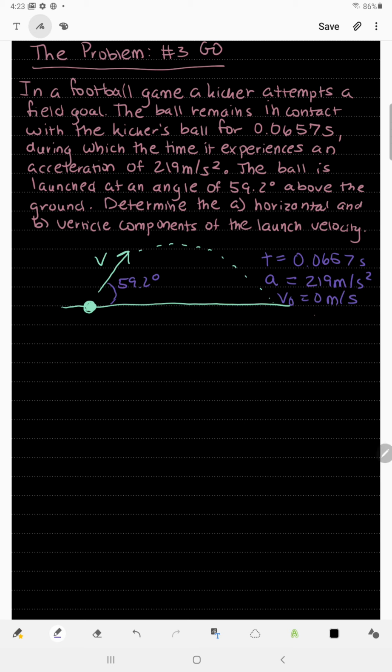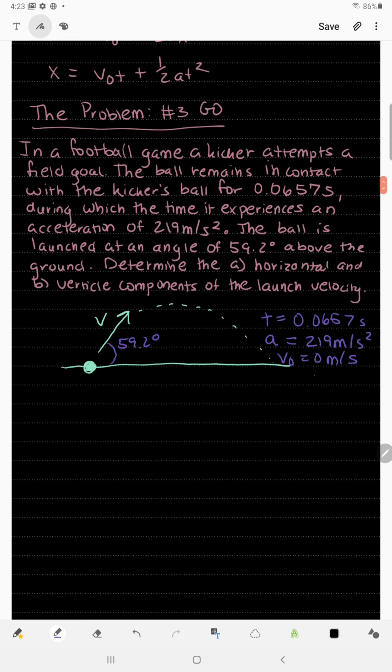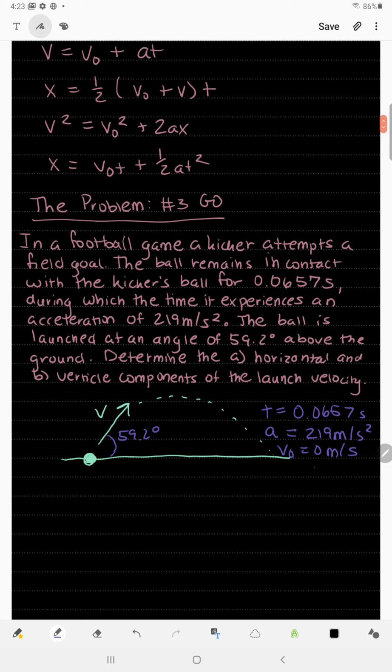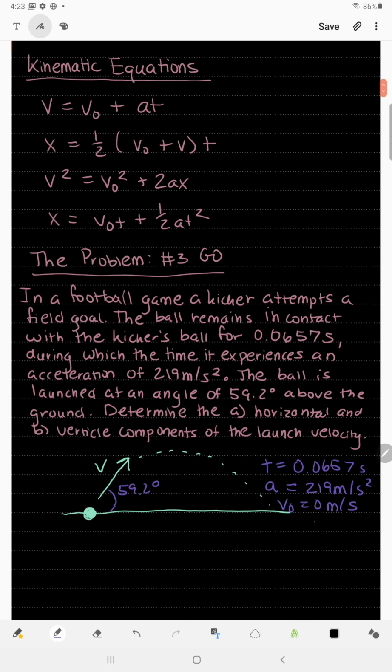Alright, so now we know the pieces of information, and now we need to figure out what equation to use. Up here, I wrote down the kinematic equations. We have a time, an acceleration, and an initial velocity. The problem says to determine the horizontal and vertical components of the launch velocity.